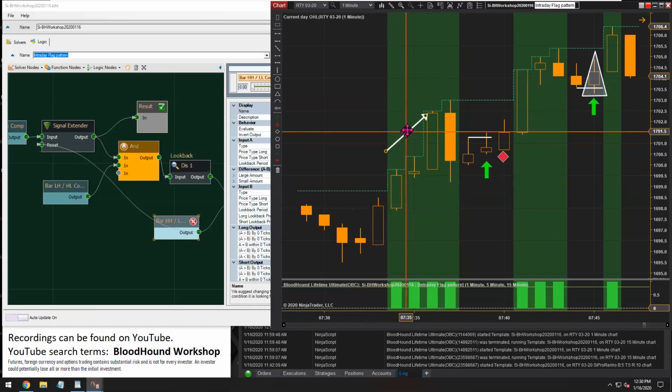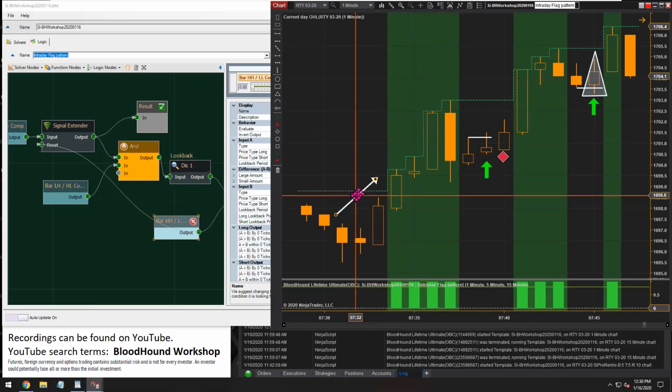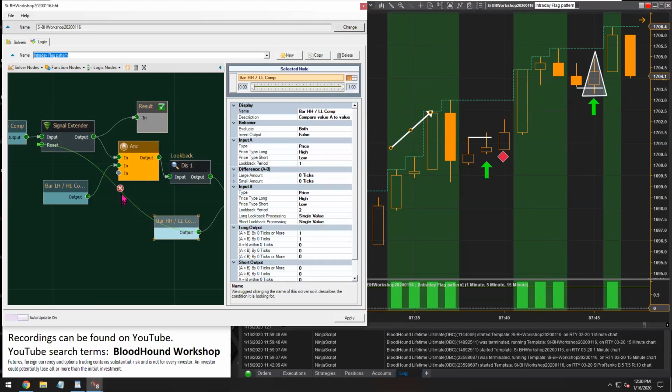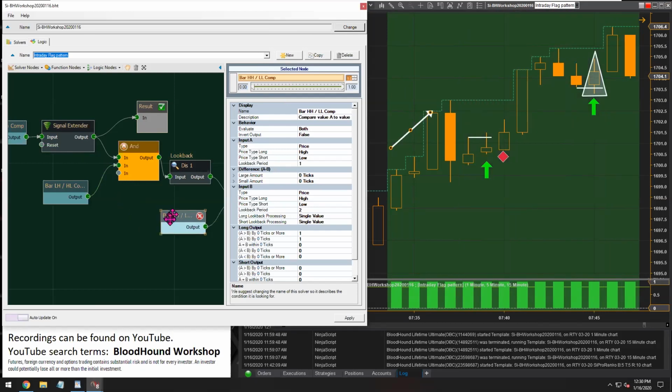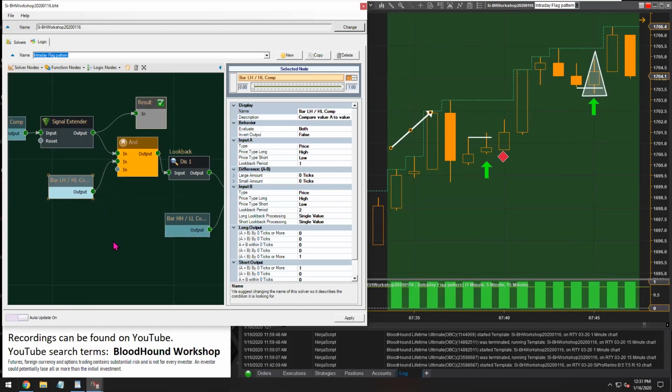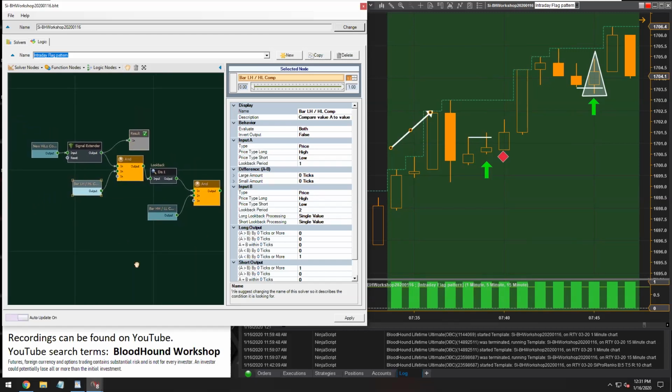Higher high, higher high, higher high. And so these higher highs are turning off my signal extender. So, yeah, this actually isn't going to work. Yeah, so using this guy isn't going to work. Let's see if I can use this one back here. No, that's not going to work either. I'll have to give that a little more thought.